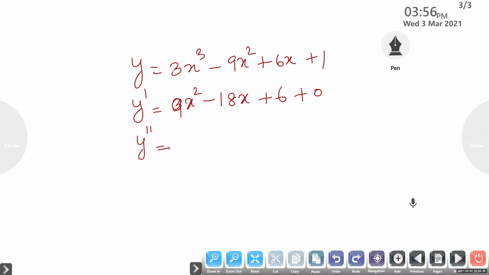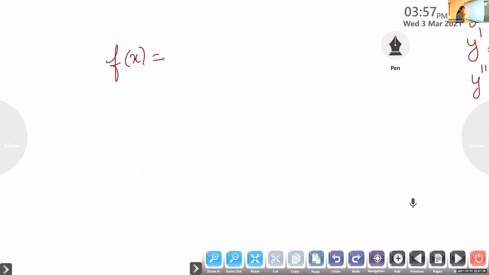Write the next one. If f of x is equal to 3x raised to 4 plus 4, find f double dash of 2.